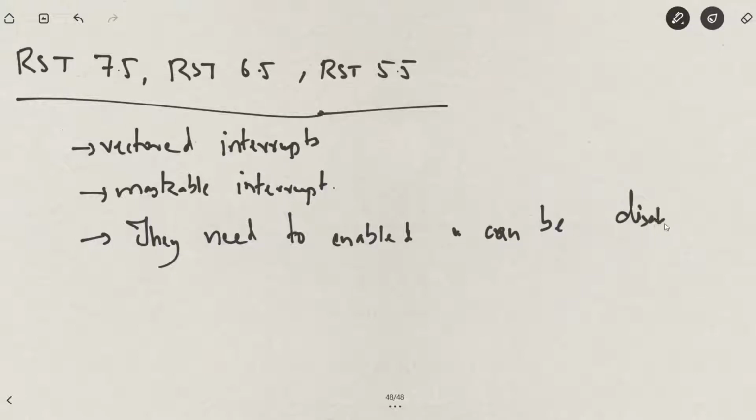Just like the INTR interrupt, in order to use them we need to use the EI instruction, the enable interrupt instruction, which needs to be included in the program. Just writing EI is not sufficient for unmasking these interrupts, as against INTR. There will be another instruction that needs to follow the EI instruction.